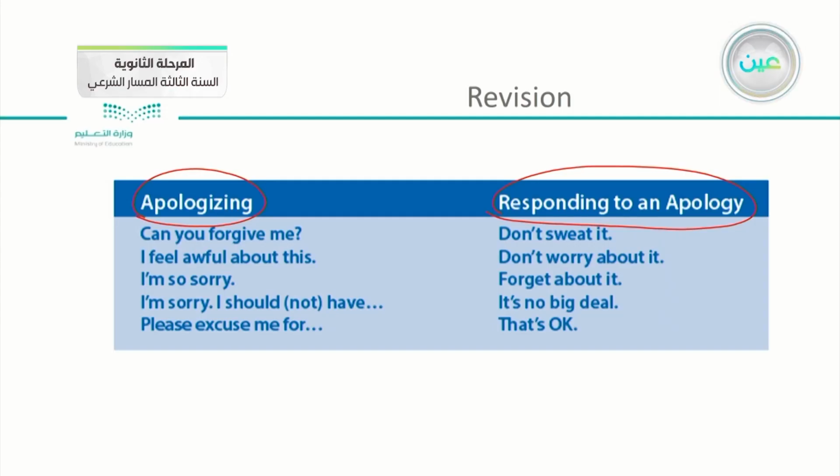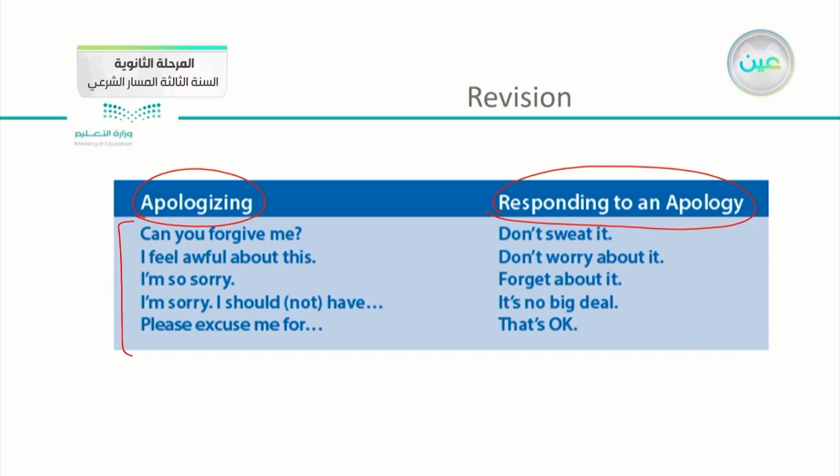Today we have some of them. We have 5 expressions that you can use to say, I'm sorry. Let's not forget that these are not the only expressions to say, I'm sorry. There are many ways. Some of them are not mentioned here, but these are enough.